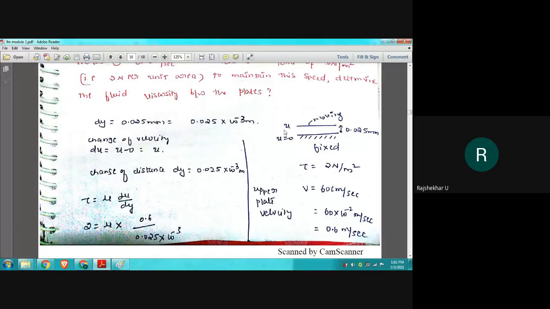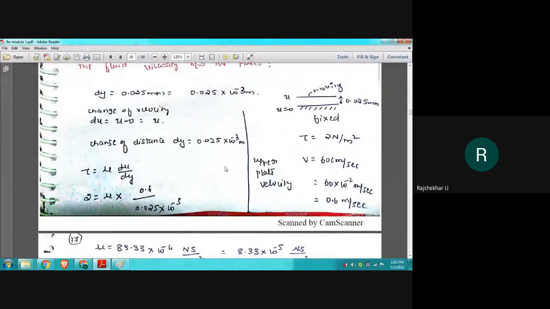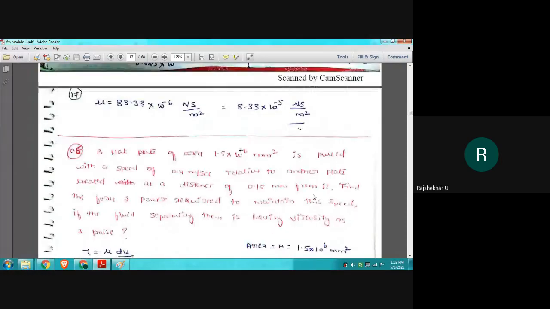The viscosity of the liquid used between the plates is this much, 8.33 into 10 power minus 5 Newton second per meter square.